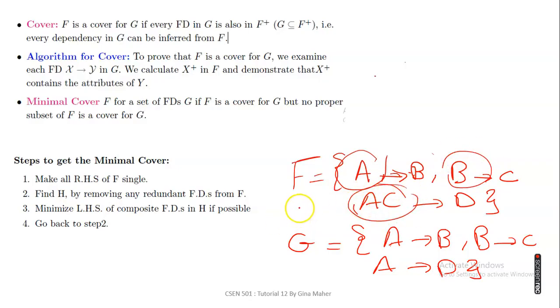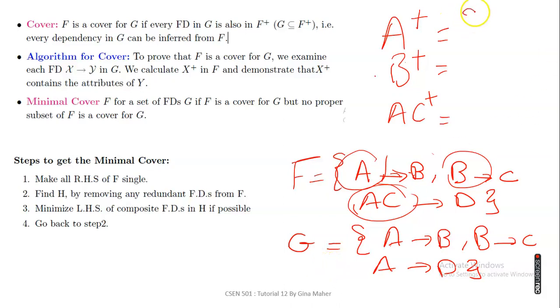And get their closures using G. So we are going to get the closure of A using G, the closure of B using G, the closure of AC using G. So we take the left-hand side from here and get their closure from the other set.